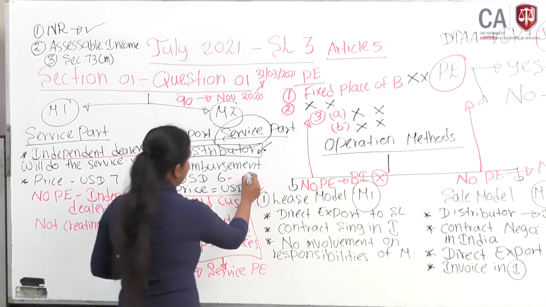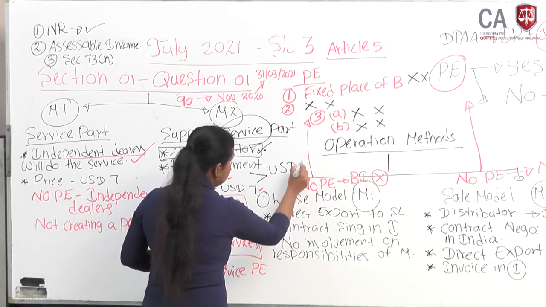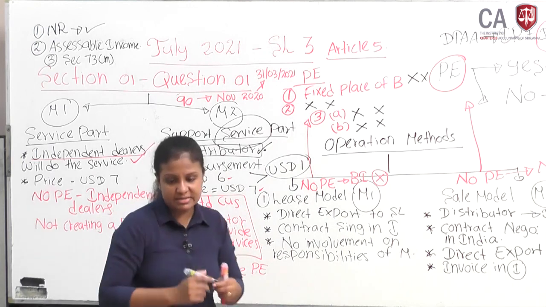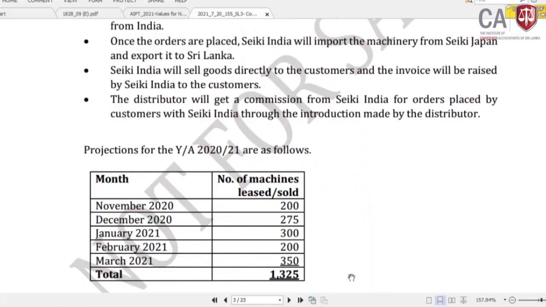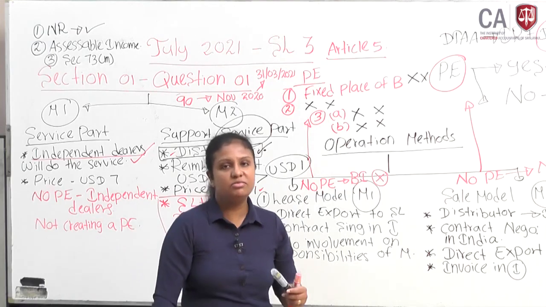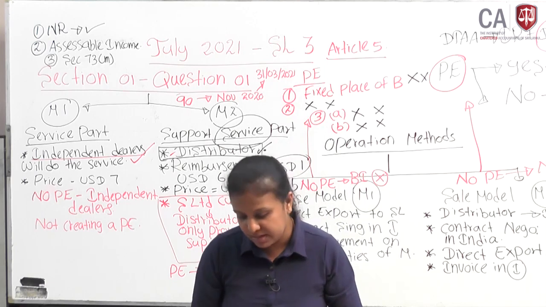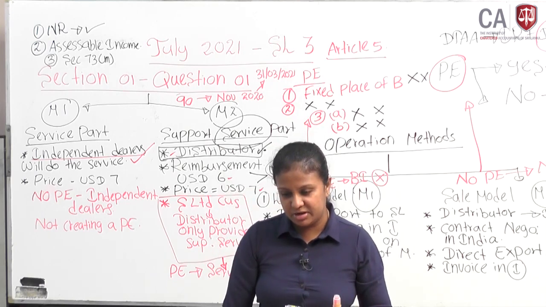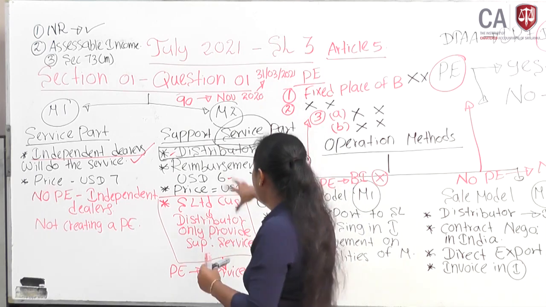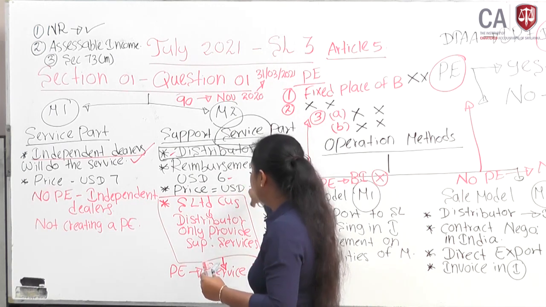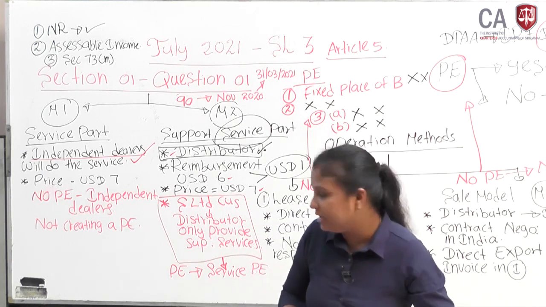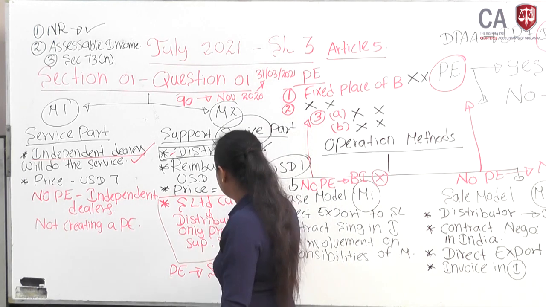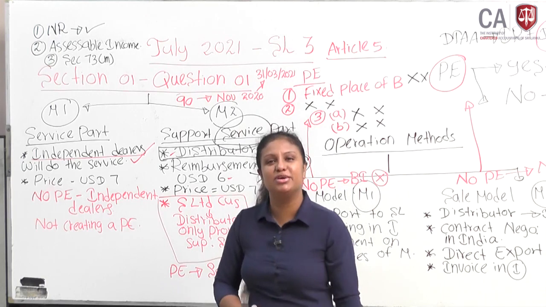There is a profit from $1. Then how much is the quantity given? The quantity is 1,325. Then into 1, there is a revenue of 1,325. It is the net income, the net profit after deducting 7 minus 6, the reimbursement cost.